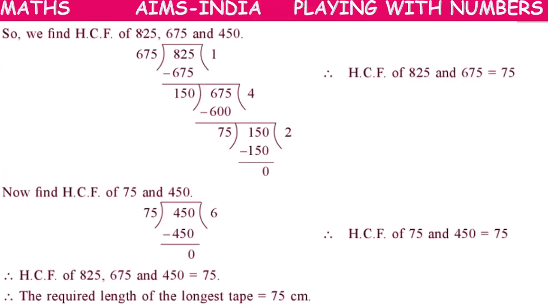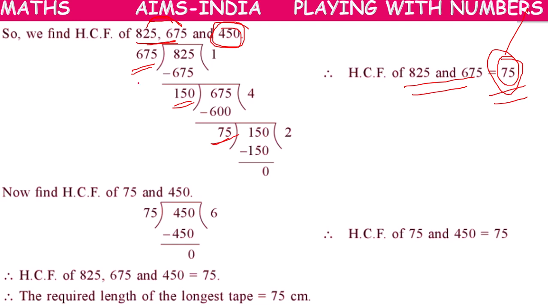So first what we will take? Any 2 numbers we can take. These 2 numbers we are taking. So we will find the HCF with 150. So here for these 2, 75 is the HCF. With that 75, with the remaining number 450, for the 2 numbers we have to find the HCF again.